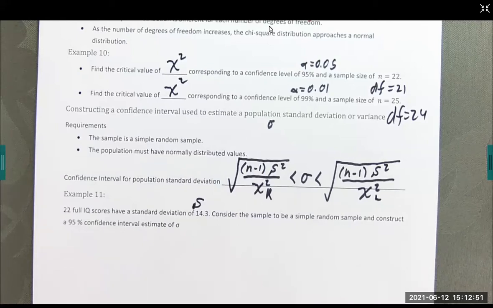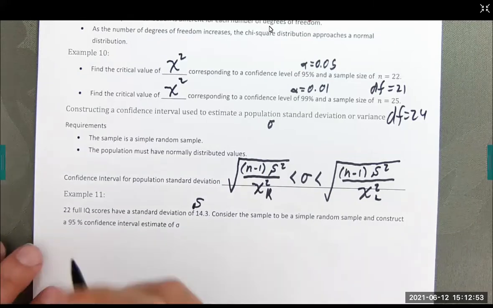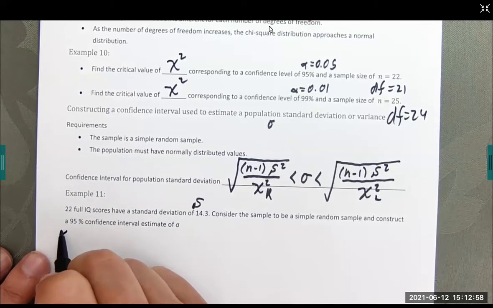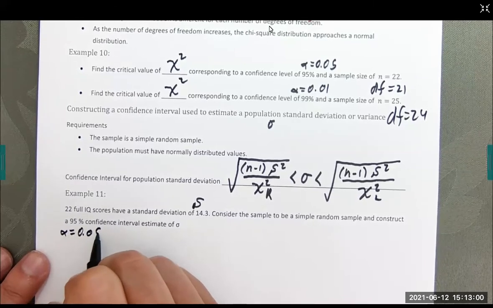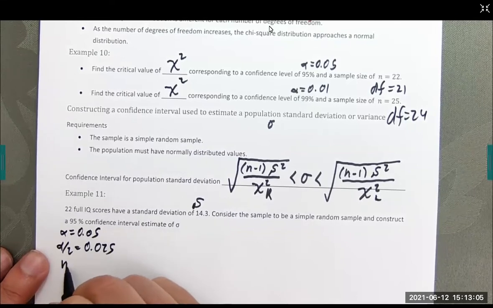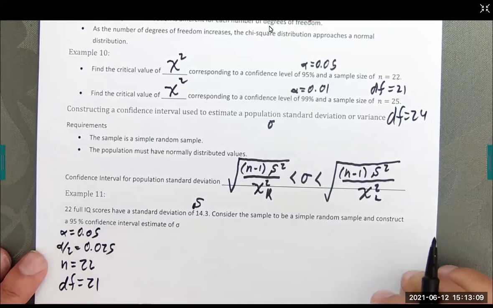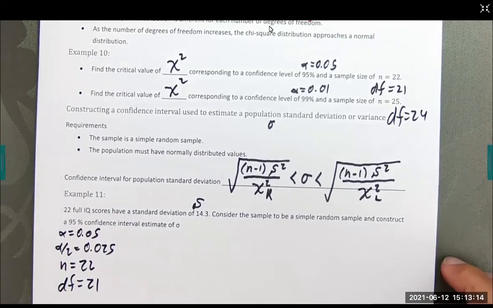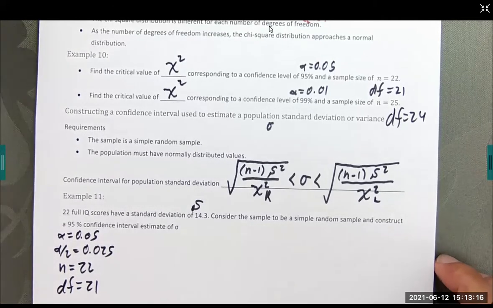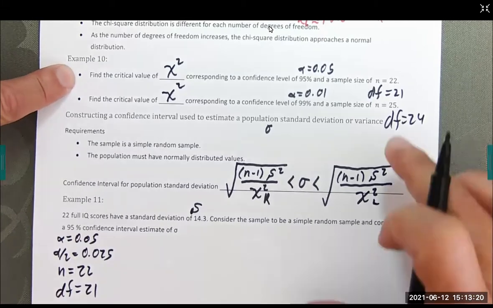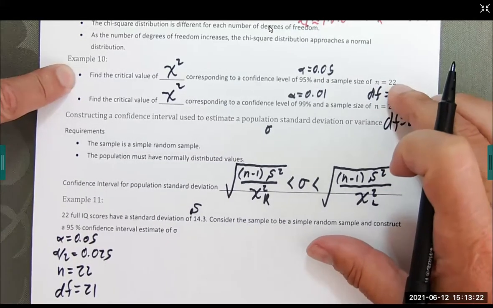sigma. All right, 95, that means that alpha is 0.05. Alpha over 2 is 0.025. N is 22, which means our degrees of freedom is 21. Now, I want to point out that we've already done this very nicely. That's this one here. Right, sample size of 22, same alpha and everything.